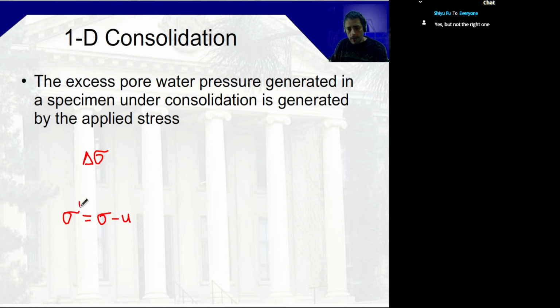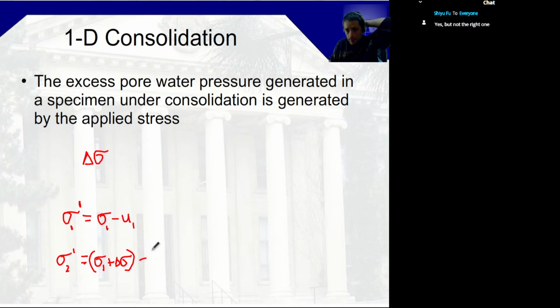So if I have an increase in total stress, I'll call this condition 1, say effective stress 2 is equal to, so we have total stress 1 plus the increase in total stress. So 2 is the change in effective stress immediately after loading.